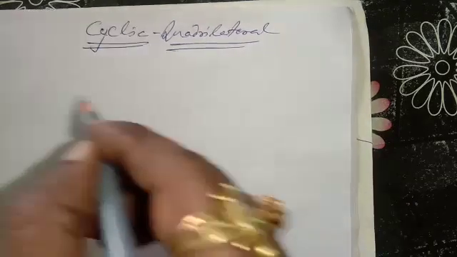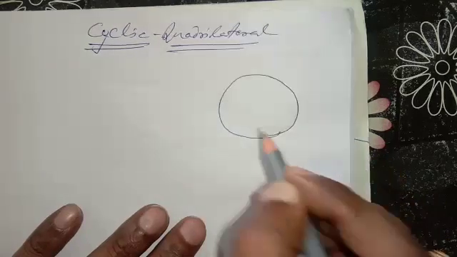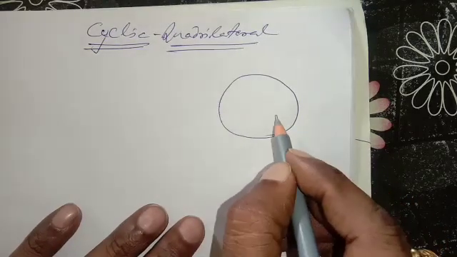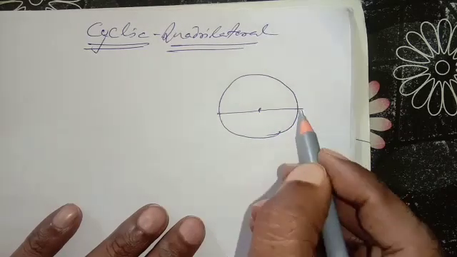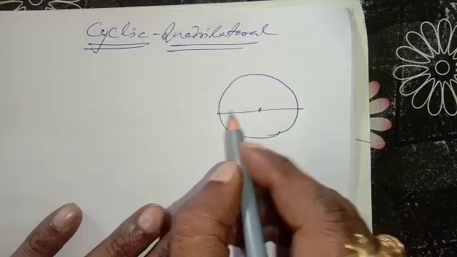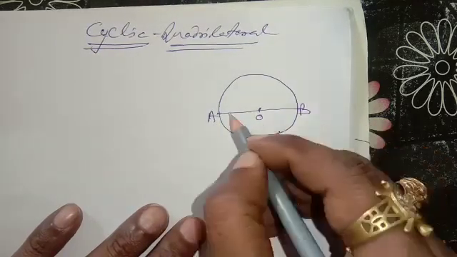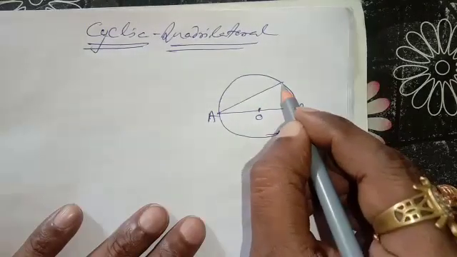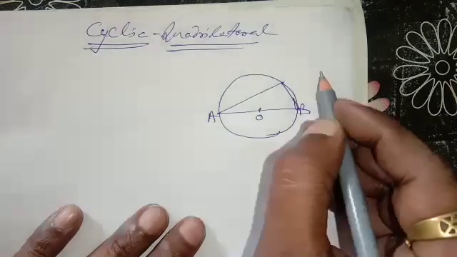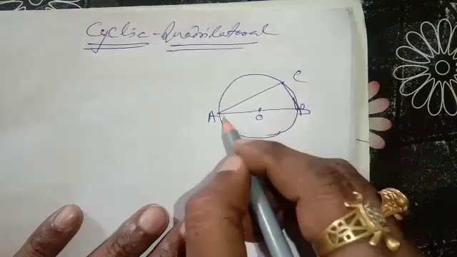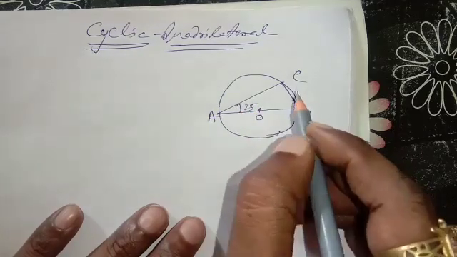One question given: you have to draw one circle. Inside the circle there is a diameter given, AOB. AOB is the diameter, and this is the angle on the semicircle, that is ACB, and this angle is given as 25.